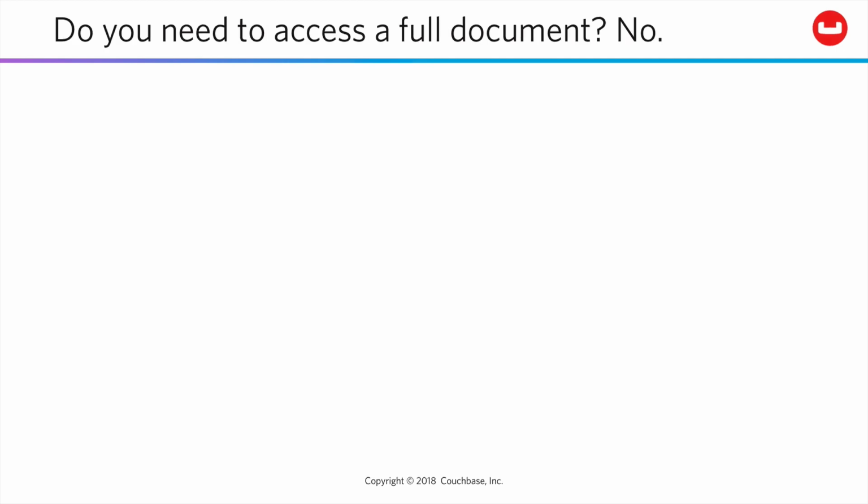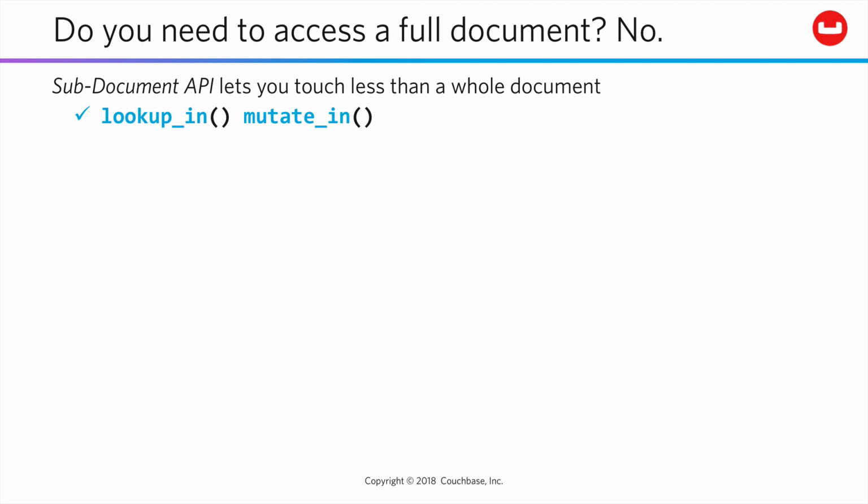A further aspect of the unified programming model is that you don't need to access full documents. Documents can be up to 20 megabytes, and depending on the model you design, you may not want to move something that large across the network. The SubDocument API allows you to look up and mutate values at a specified path within a document without getting the whole thing.